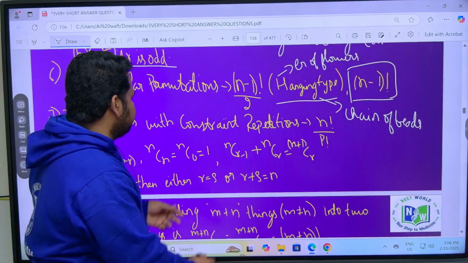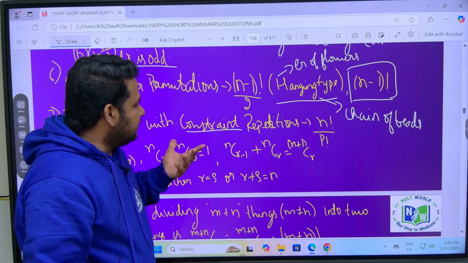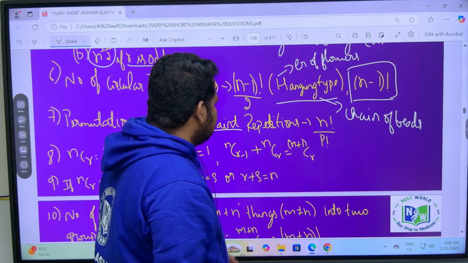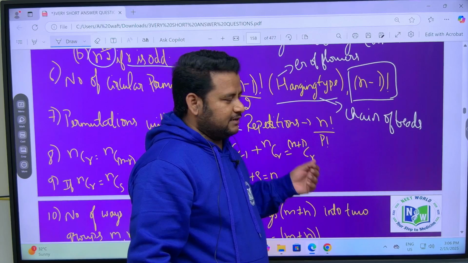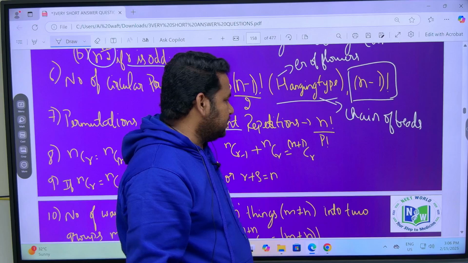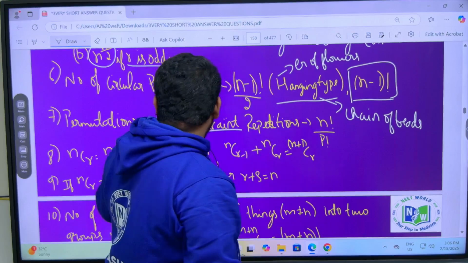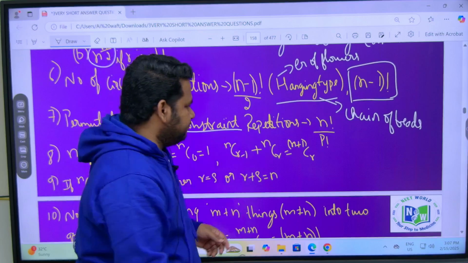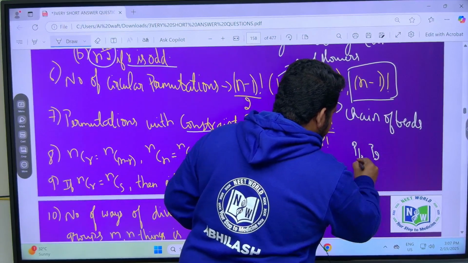Constant repetition means there is some kind of condition. The number of permutations when p items are alike is n factorial by p factorial. Suppose p1 are alike, p2 are of one type, p3 are of one type.